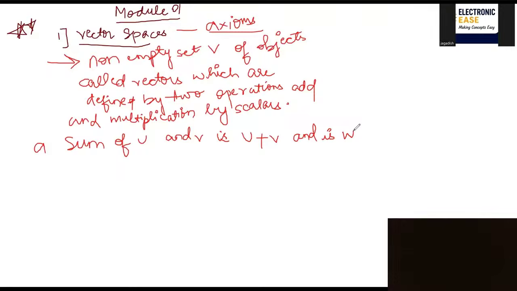This follows the closure property. Second, u plus v is equal to v plus u. The third property is the associative property, u plus v plus w.